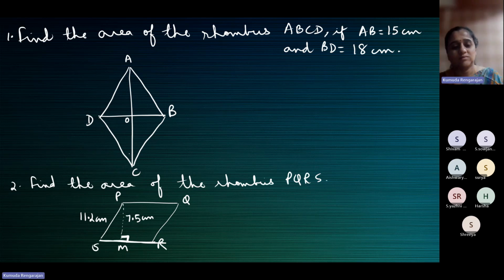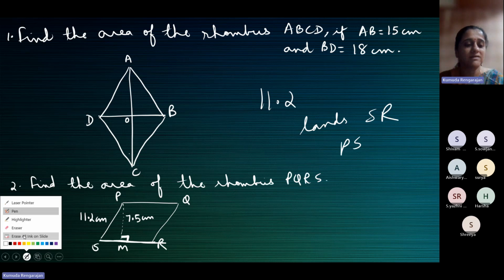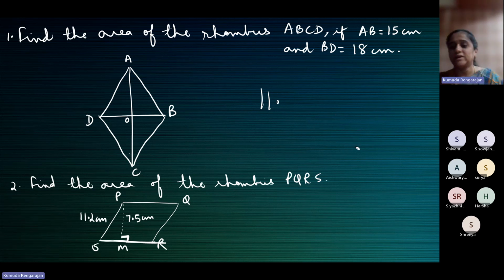Your working is right. But how do you justify taking 11.2, that is PS, as the base and PM as the height? PM lands on the side SR, so you need to justify that part. If you justify that, you're right.